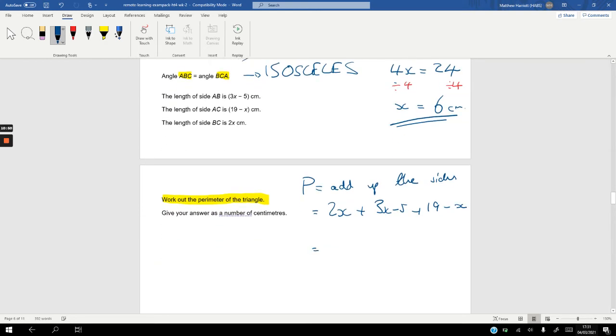Now, x is 6, so I need to substitute it in for every time it says x. 2 lots of 6 plus 3 lots of 6 minus 5 plus 19 minus 6.